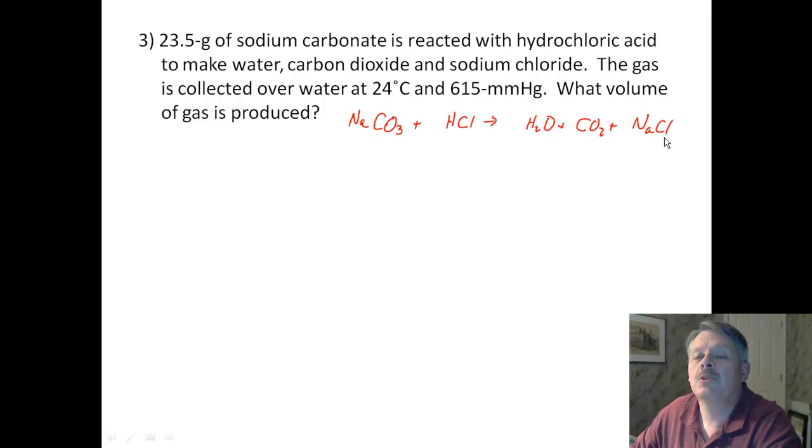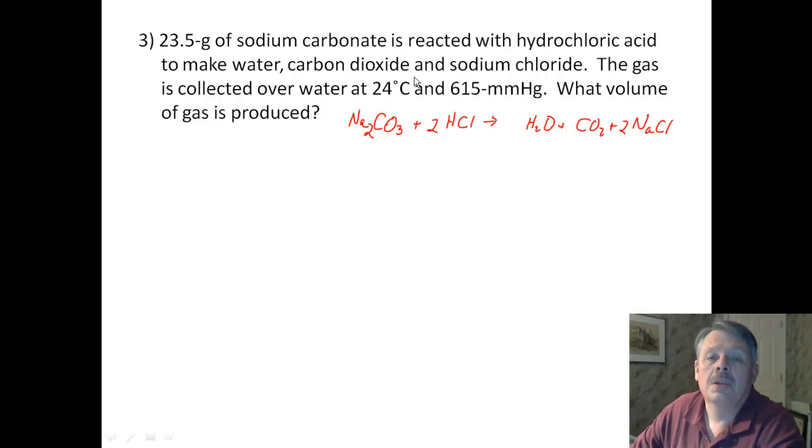Remember, Na is +1, chlorine is -1, so that's good. Carbon dioxide and water we don't worry about. Hydrochloric acid is +1, -1. Sodium carbonate is +1, -2. So I'm going to need 2 sodiums here. Since I need 2 sodiums, I need 2 NaCl's, which means I need to have 2 here, and I am now balanced.